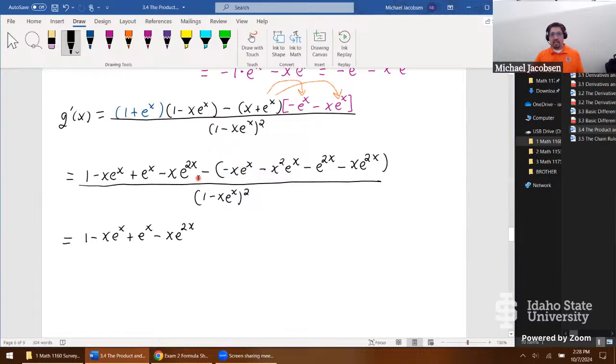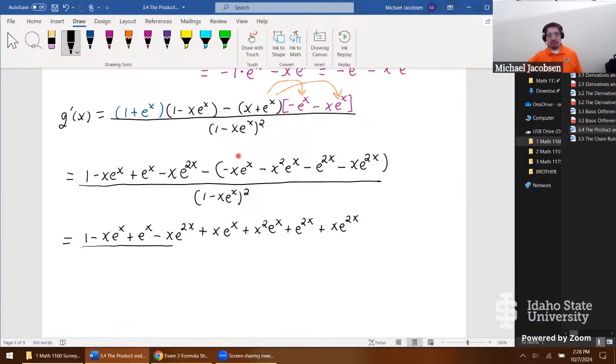And distributing the negative sign into that group just means we're multiplying everything by negative 1, which just means we're flipping all the signs. So this will turn into plus x e to the x plus x squared e to the x plus e to the power 2x plus x e to the power 2x.